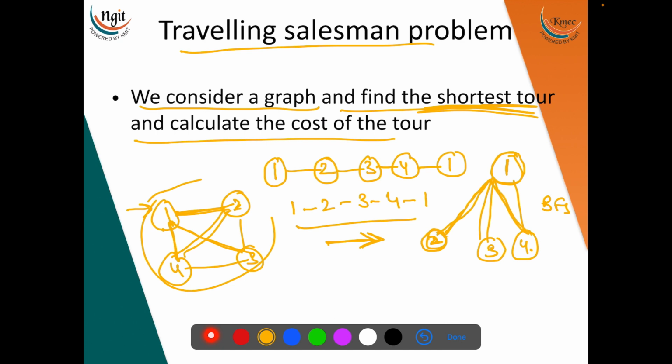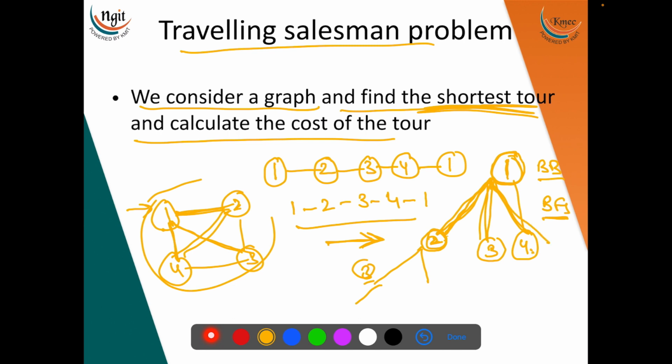If it is backtracking, he will come from 1 to 2, and from 2 he has to go to the other vertices, 2 to 3, and then we take the other possibility. As I told you, we'll implement this problem with branch and bound, which follows BFS, level order. So he will go like this, 1, and he has these possibilities, 2, 3, 4.